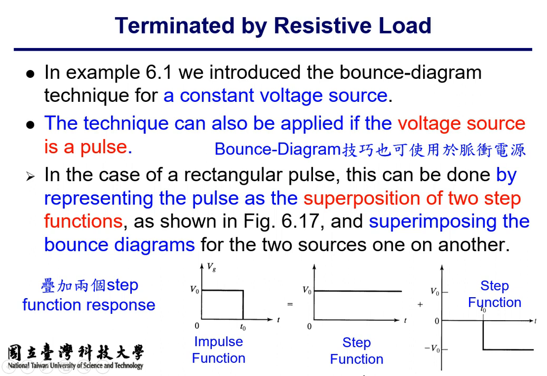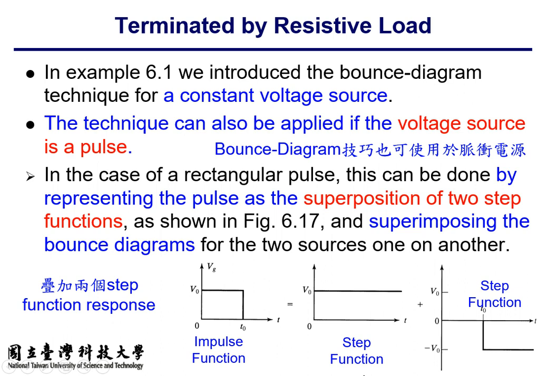Okay, so in this case, the source signal, the generator, is replaced with an impulse function, which has a magnitude of V sub 0, but the signal only appears between 0 and t sub 0. So the signal only appears for a certain amount of time.